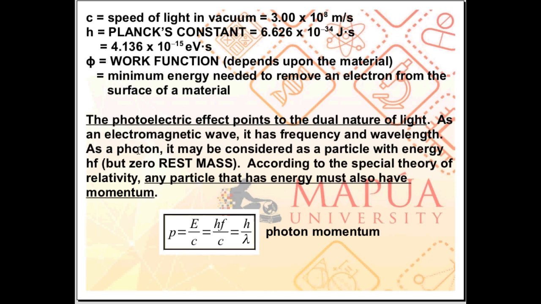As a particle, as a photon, it has energy hf as well as momentum p. p is equal to E over c, equal to hf over c, equal to h over lambda. In fact, that's the condition for a massless particle like a photon to exist. For a massless particle to exist, it must have both energy and momentum.